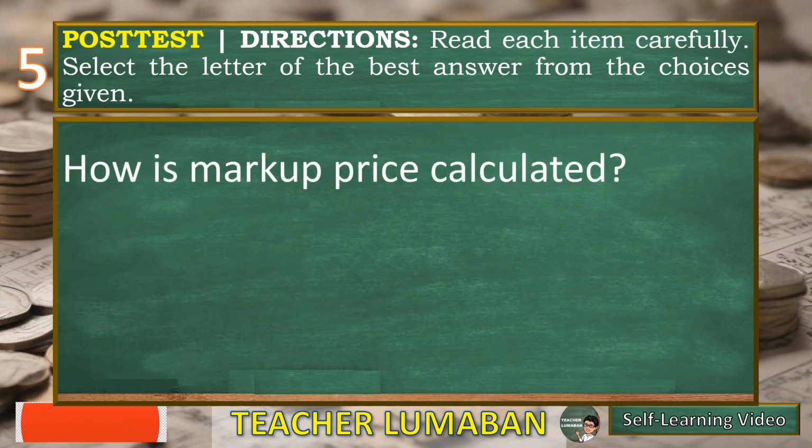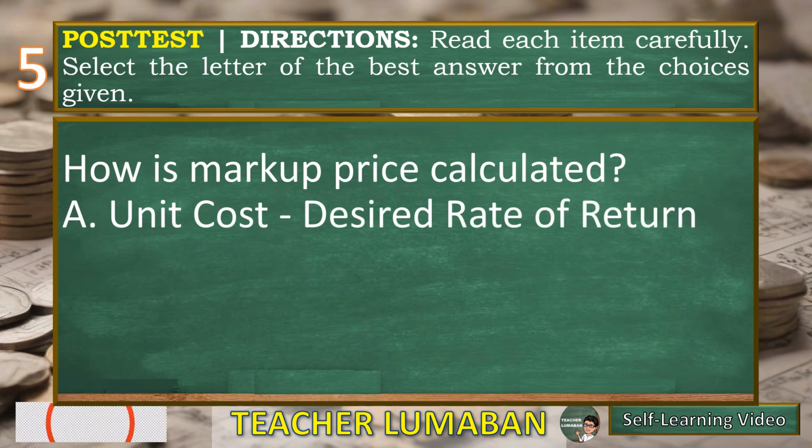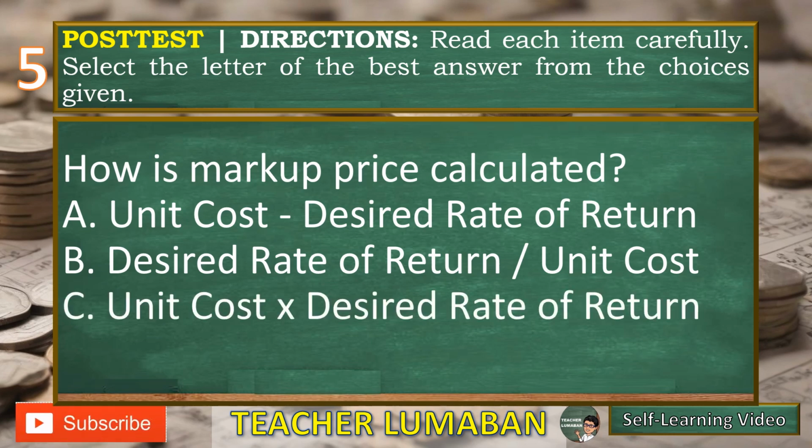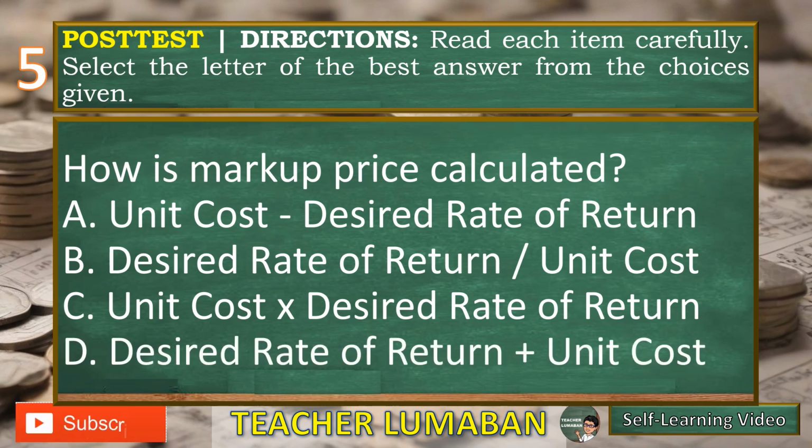How is markup price calculated? A. Unit cost, desired rate of return. B. Desired rate of return / unit cost. C. Unit cost x desired rate of return. D. Desired rate of return plus unit cost.